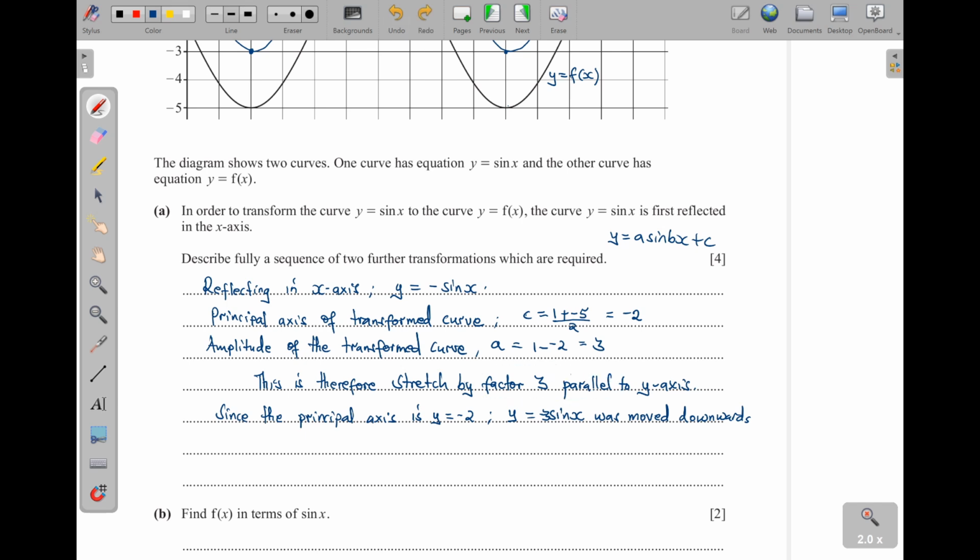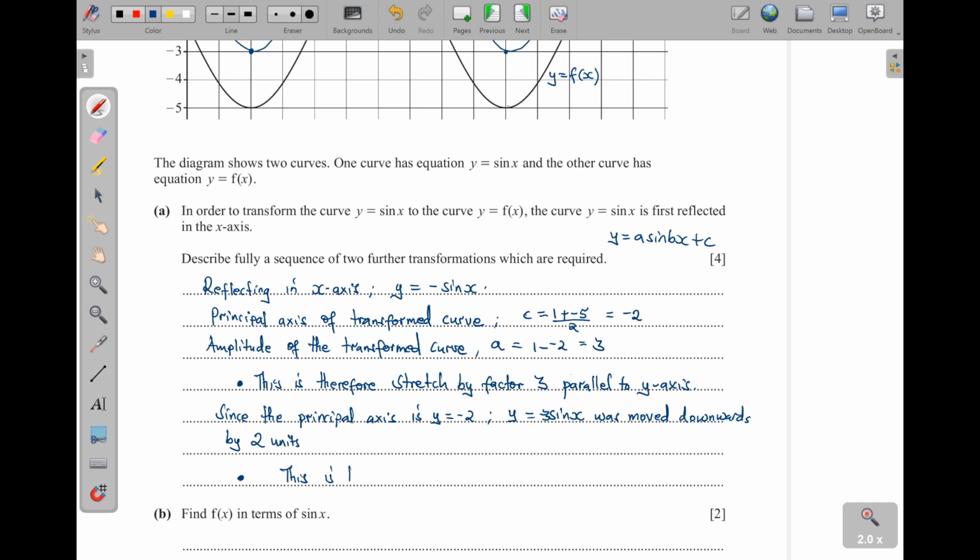It was moved downwards by 2 units. So the other transformation, remember, one transformation is here, then the other one is translation.